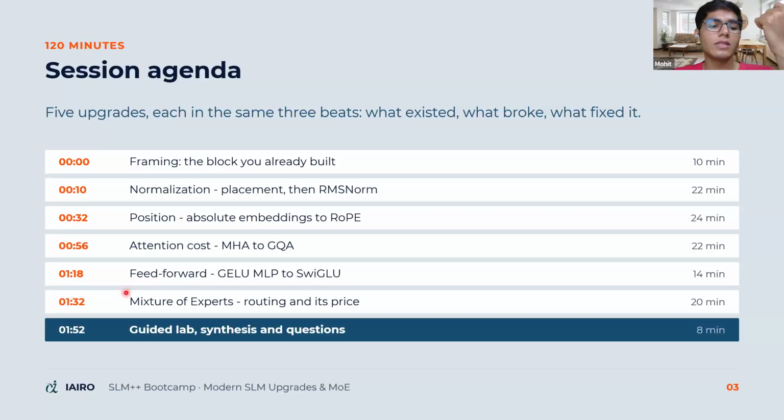And lastly, we will wrap up with a very interesting topic, mixture of experts, that is, how a single transformer architecture can be divided, or at least we try to empirically do that.